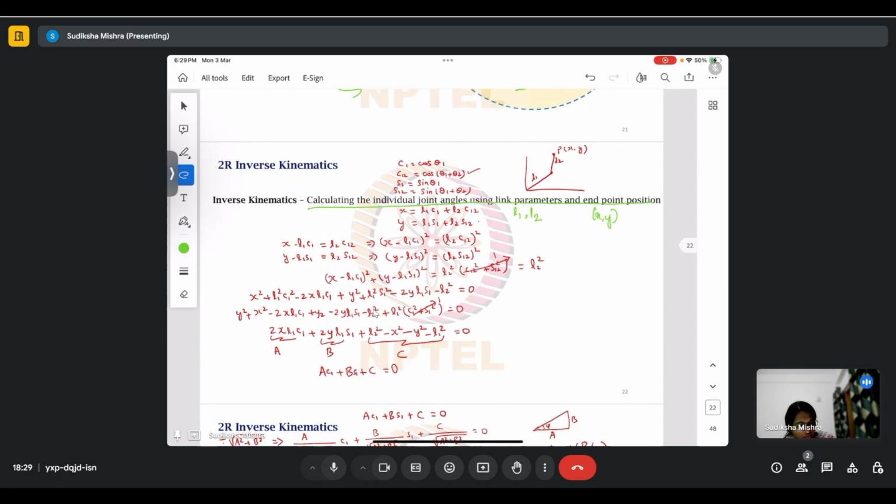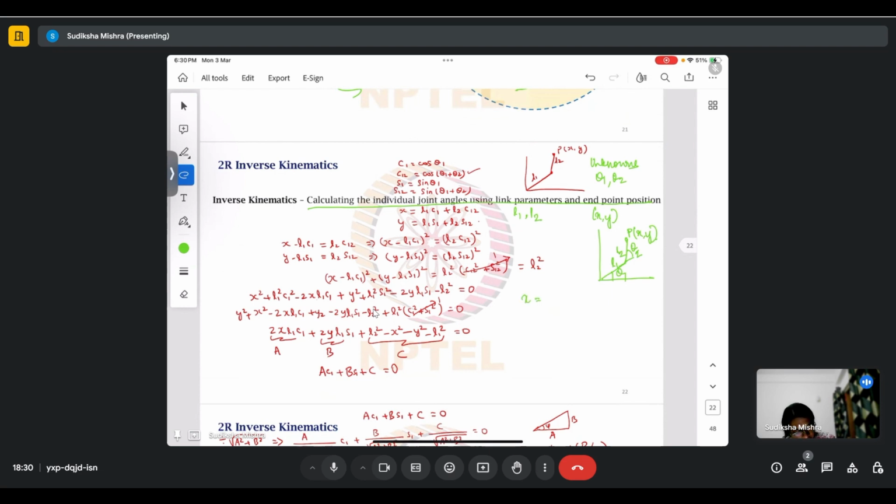What you don't know, the unknowns, are theta 1 and theta 2. So if this were your system, this will be theta 2, this will be theta 1, L1, L2, and this is x comma y.